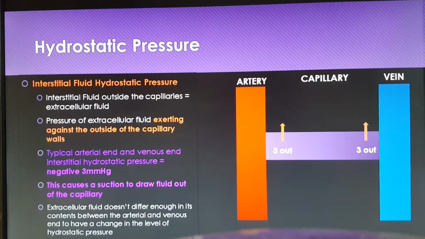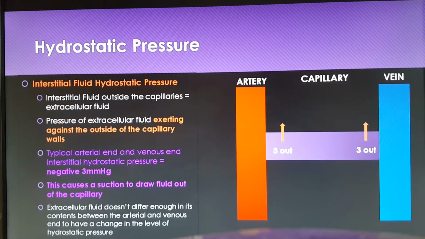For your interstitial fluid, the hydrostatic pressure is actually -3 typically in measurements. This causes a suction, pulling fluid out of the capillaries. So that's our 3 out here.